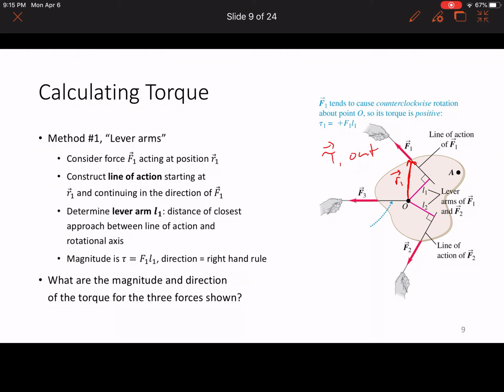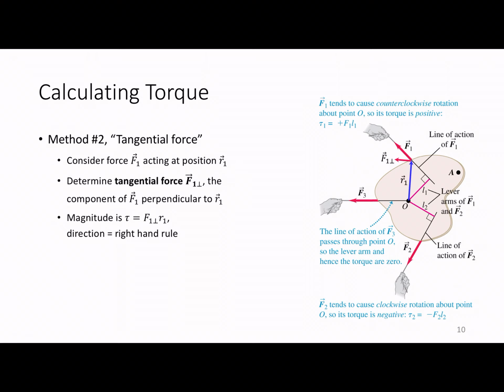So out of the page. That's the direction of your thumb. Let's do F2. So again, everyone should draw R2 on your piece of paper. We have F2 drawn, so point your fingers in the direction of R2, curl them in the direction of F2, and you should find that your torque is into the page. And indeed, that is correct.